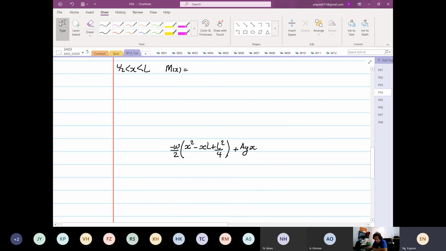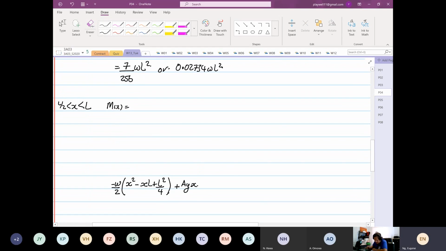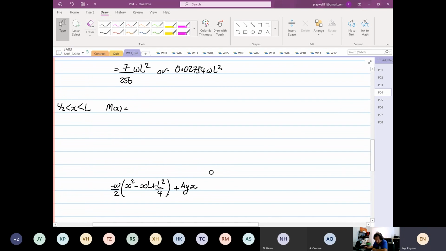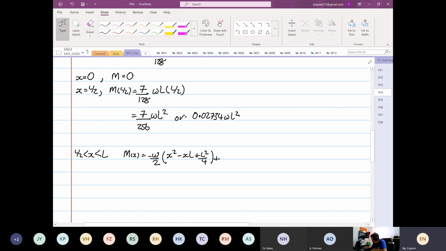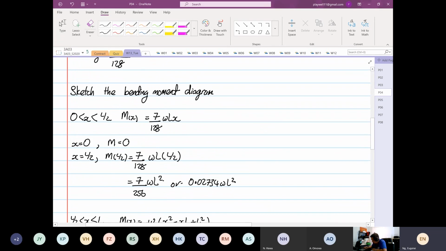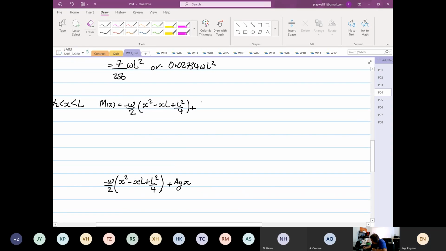So this will be equal to minus omega over 2 x squared minus xL plus L squared over 4, and then plus AY. So AY we know that is equal to 7 over 128 omega Lx. So we know that is that expression.